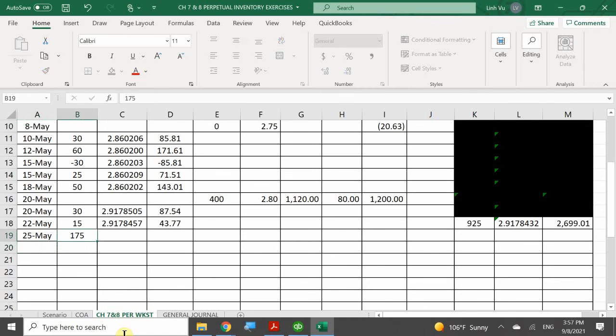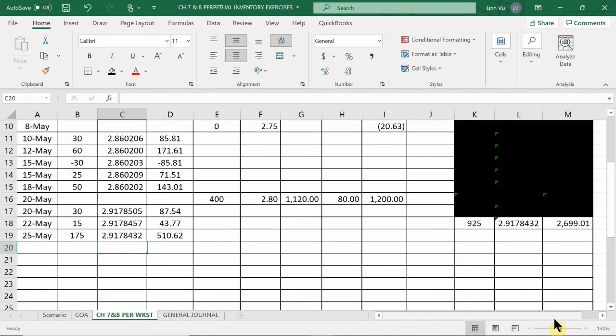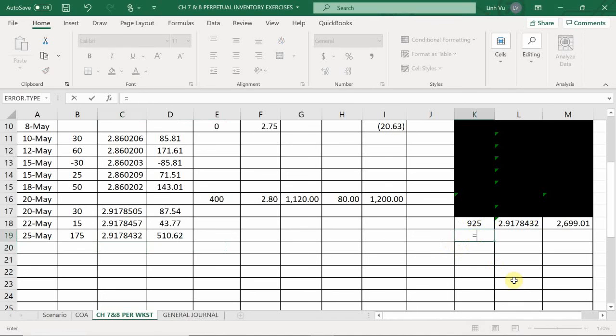We sold 175, so at $2.9178, what is my total cost of goods sold for selling all 175 items? 510.62. So let's update our inventory one last time.